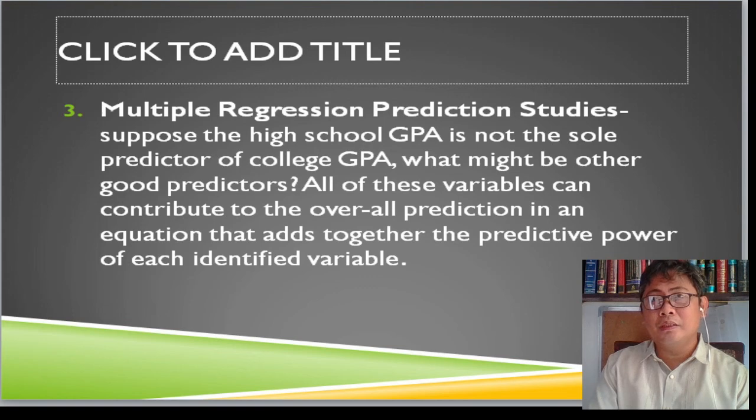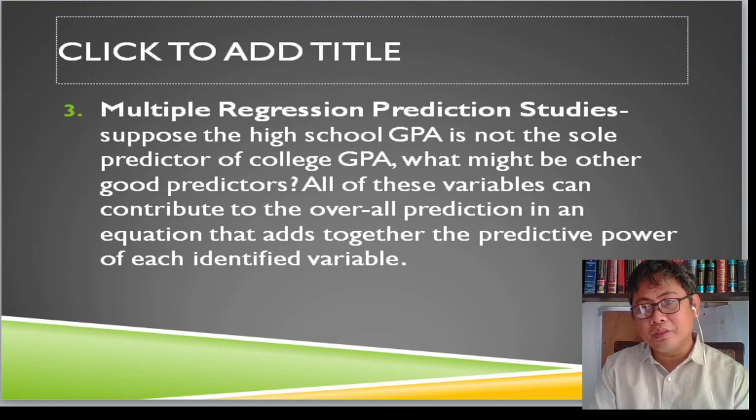What are the influences on the academic performance of the students? Number one, probably their study habits. The second one is the parental supervision. The third one, probably their peers. So these are what we call multiple variables affecting the dependent variable, which is the GPA. So we call this a multiple regression prediction study.